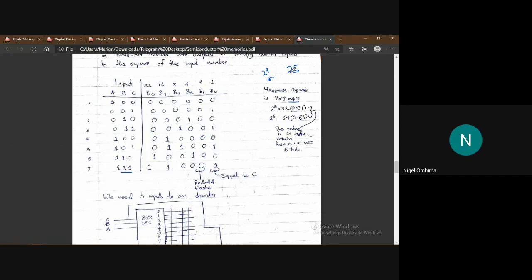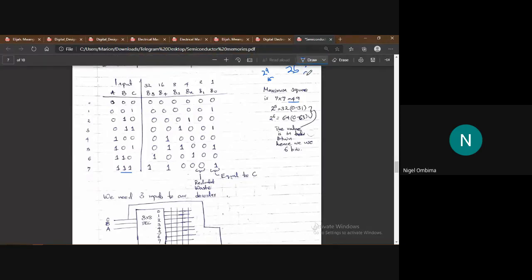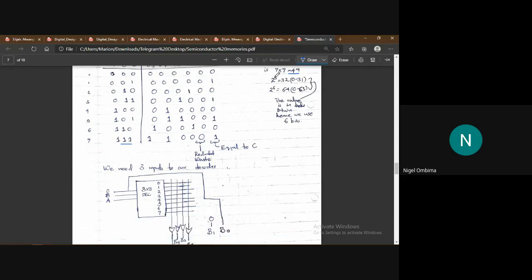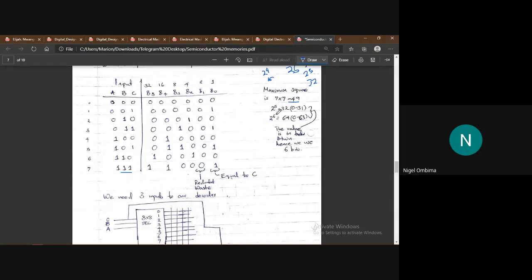Then 2 power 5 gives us 32. So this 25 is between 16 and 32, so we go for the higher one, which will help us draw this part. Here our maximum square was 7 by 7. So I did 2 power 5, which is 32 and gives 0 to 31.